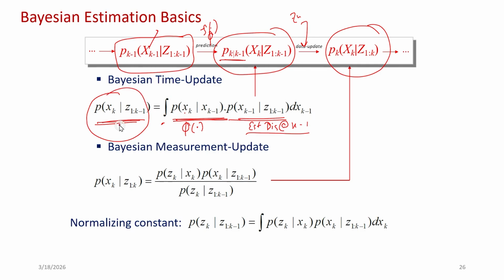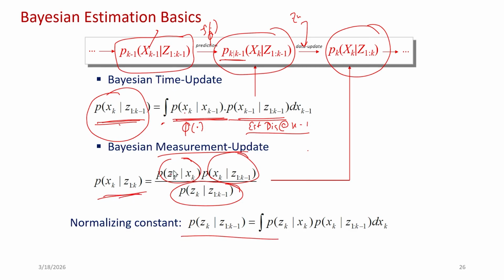Now, your predicted distribution is there, you apply Bayes rule, simple Bayes rule. So, you have to calculate this. This is your likelihood function, this is your predicted distribution and this is your constant. You remember this thing, this is the normalization constant. You calculate your estimated distribution.